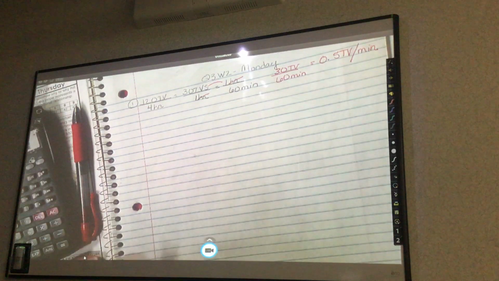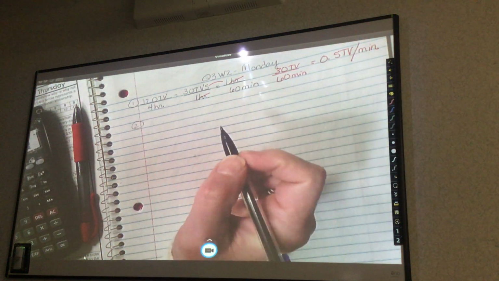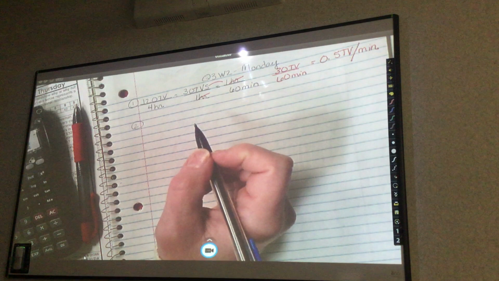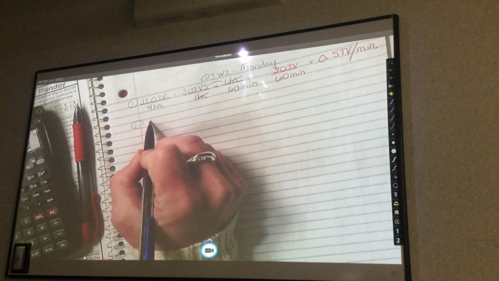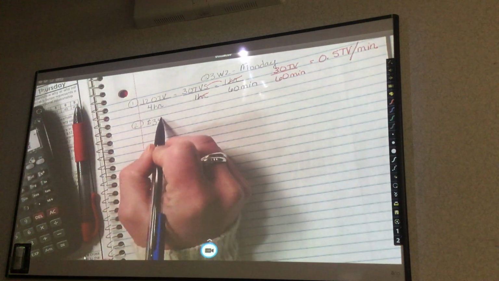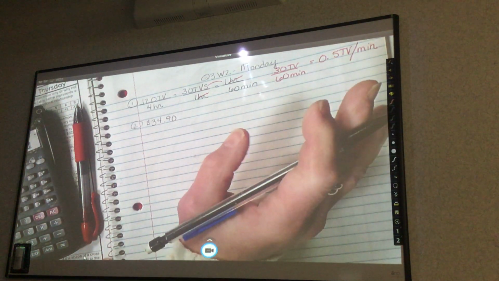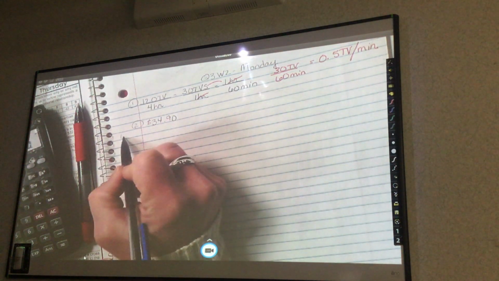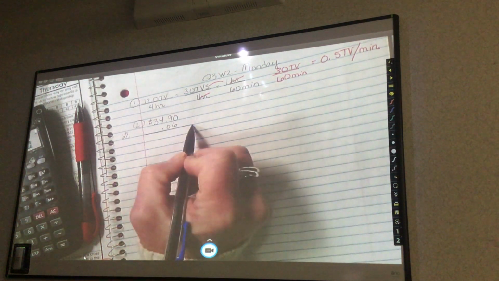Number 2: Louisa sells stuffed animals. She sells a stuffed elephant for $34.90, and the sales tax is 6% of the sale price. About how much is the sales tax on the elephant? Well, I take my original price. You can do your is over of method, it doesn't matter, but I'm not going to. I know that 6% is 0.06.